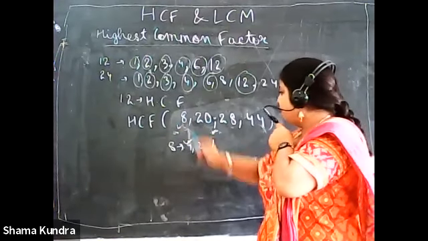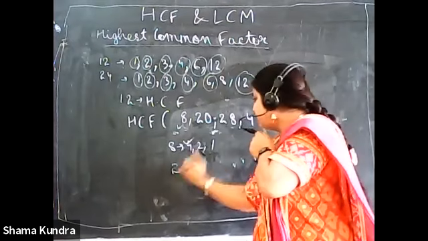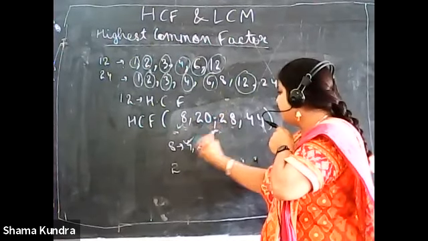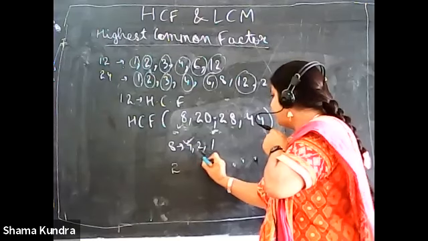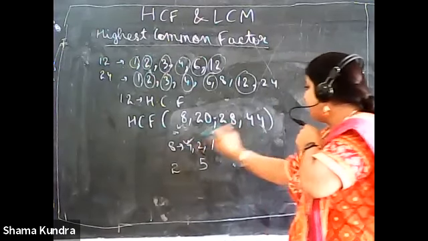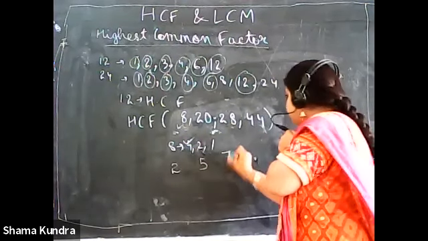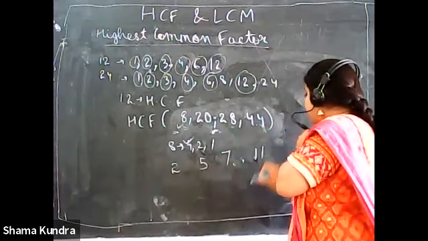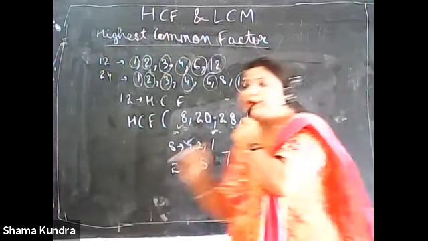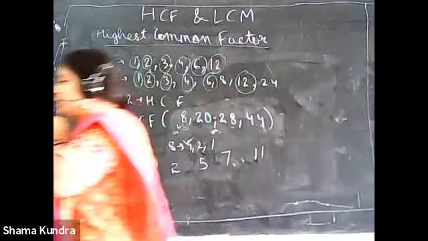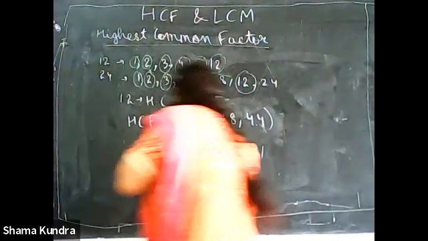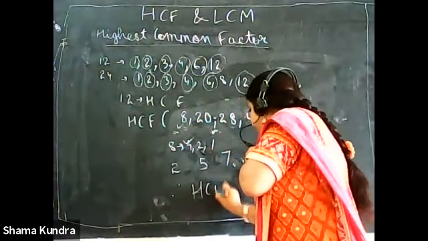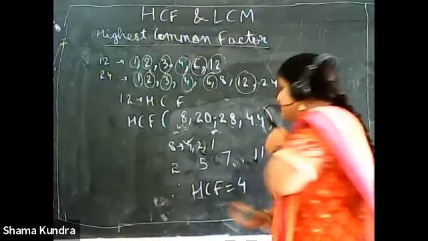If I divide 8 by 4, I get 2. 20 by 4, I get 5. 28 by 4, I get 7. 44 by 4, I get 11. So 4 is the HCF of these four numbers.